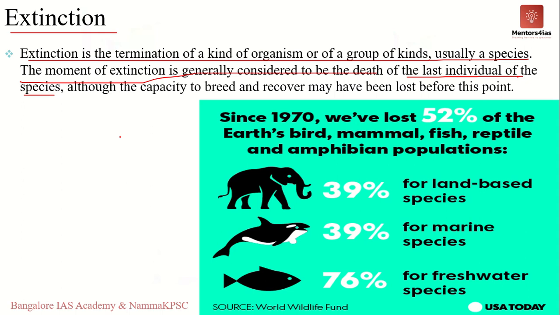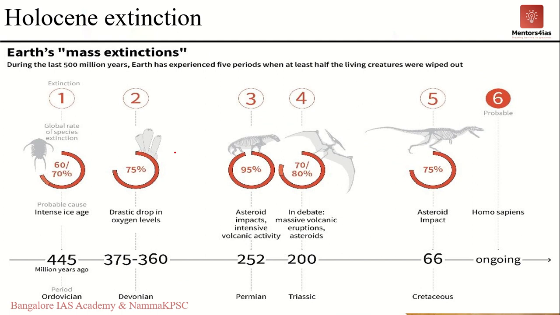Now, the problem with extinction is that as of today, we are experiencing the sixth mass extinction. See, over a period of time, since the origin or birth of life on planet Earth, we have already had 5 mass extinctions earlier.